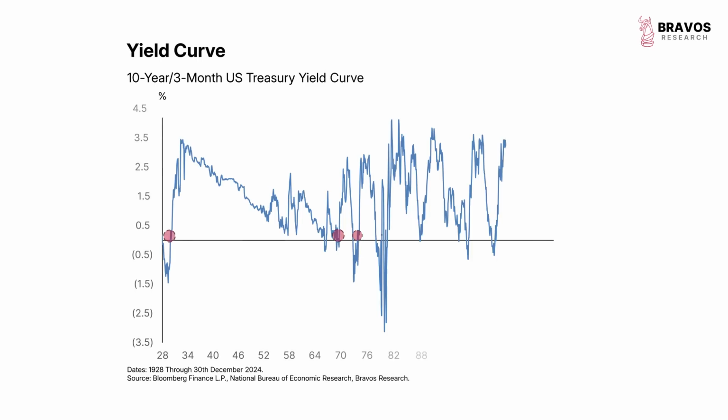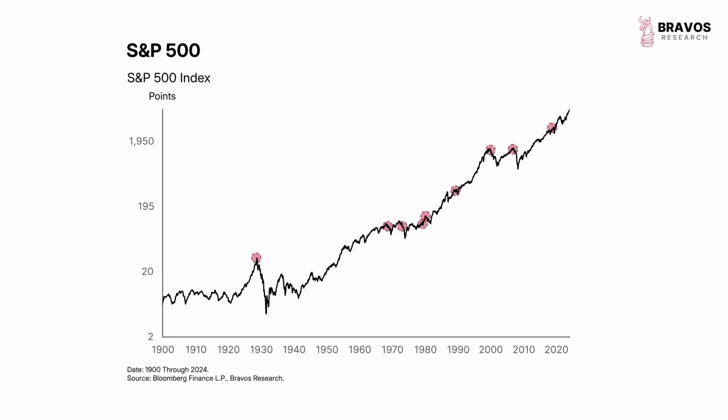If we take each moment where the yield curve uninverted like today, and we look at what happened to the US stock market following those instances, in the vast majority of cases, this was not a great development for US stocks. Many of these occurred right before or right at the beginning of major bear markets, including at the very peak of the 1929 market before an 80% crash in US stocks, right at the peak of the dot-com bubble before a 50% crash in stocks, and right at the peak of 2008 or right before a 60% crash in stocks.